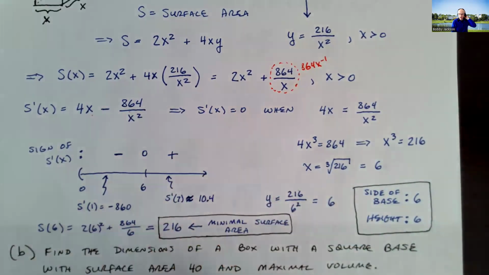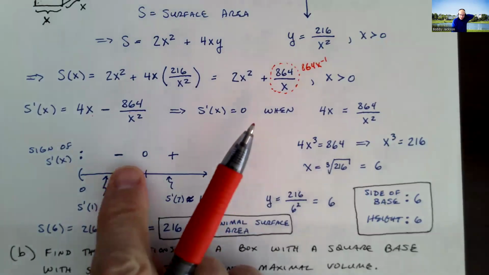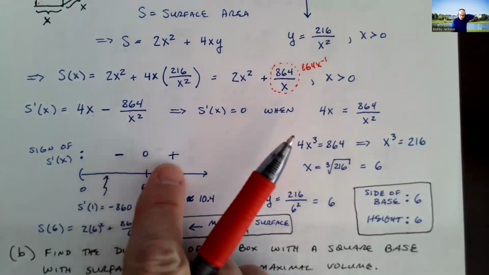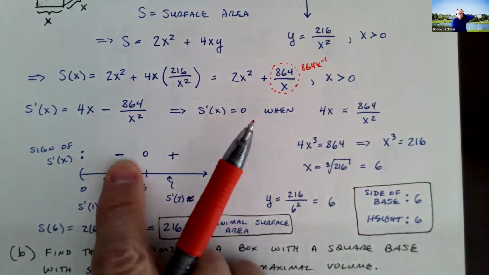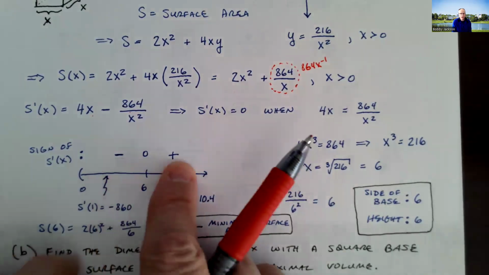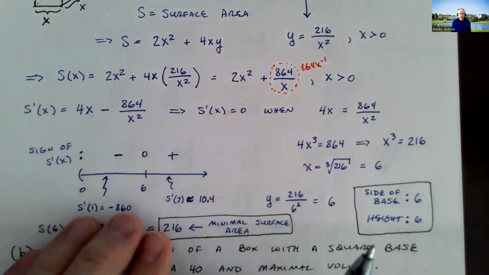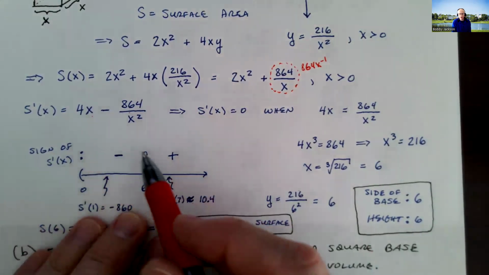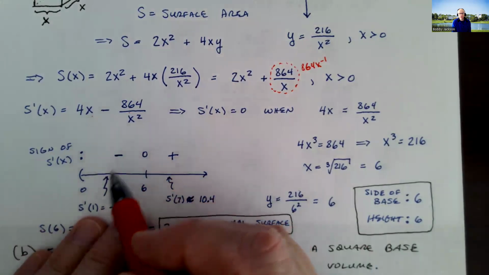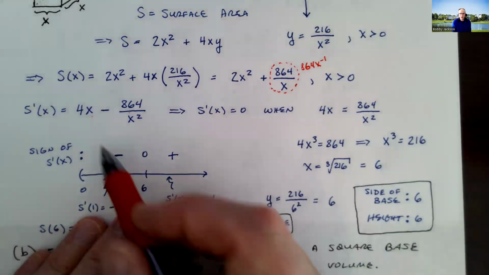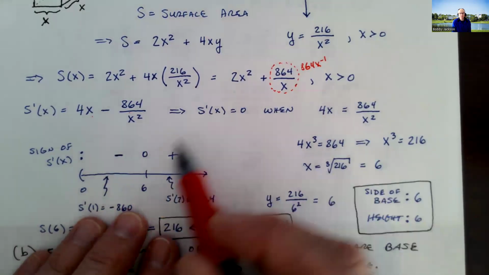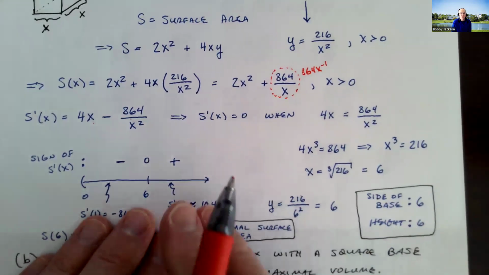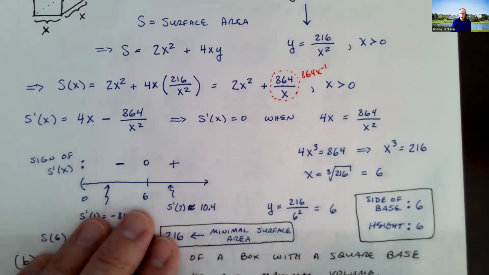So the derivative is positive. So notice we have a sign change in our derivative from negative to positive. That indicates we have a local minimum at 6, right? Because we're changing from the function decreasing to increasing. And since that's the only critical point on this function's domain for all values greater than 0, that's going to be the minimum value. We go down and then we go back up. So at 6, we have a minimum for the surface area.